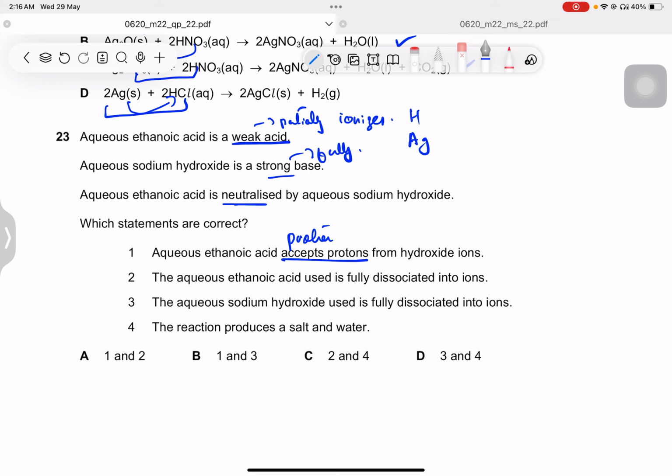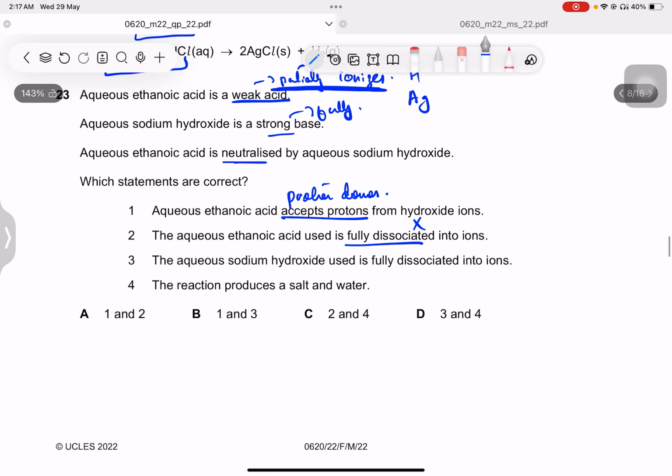Proton acceptors are bases. The aqueous ethanoic acid used is fully dissociated? We just recognized that there is partial ionization, partial dissociation, same thing. The aqueous sodium hydroxide is fully dissociated into ions, yes, because it is a strong base. The reaction produces a salt and water, yes, neutralization of an acid and base always produces a salt and water. So 3 and 4, option D.